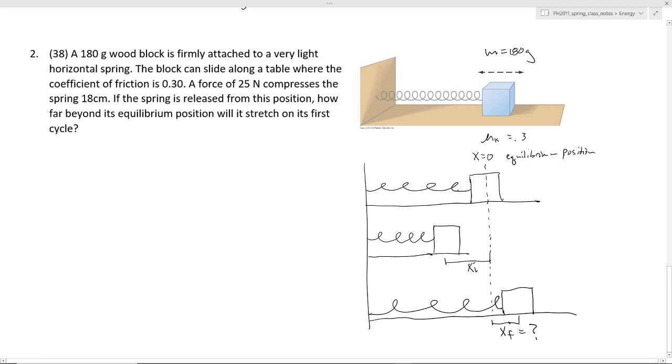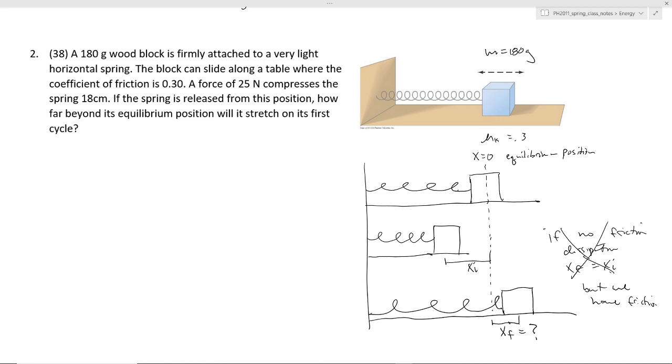So if no friction, dissipation, etc., this would be really easy because x final would be the same thing as x initial. But alas, that is not what's happening. We have friction present, so we're going to have to find the work that's done by friction and incorporate that.